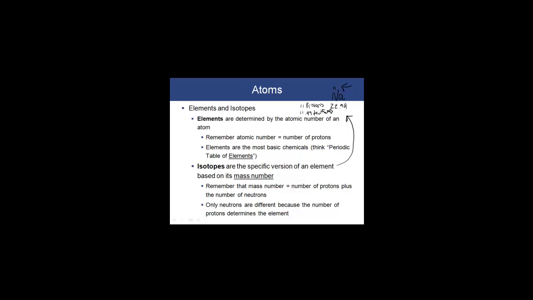But there's a small percentage of sodium on Earth that has 12 neutrons or 13 neutrons. And if you take all of those atoms combined, you get an average mass of 22.99. And that's where you get a little bit of variation. We're not going to work with isotopes very much in A&P, but you should be aware of what an isotope is and how we get to these atomic masses.